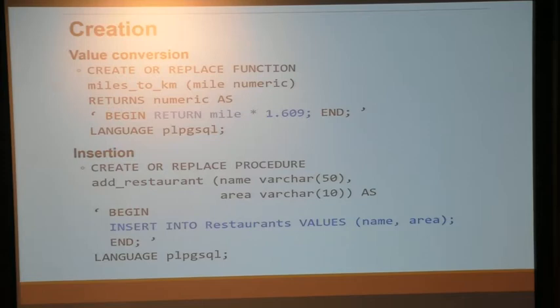So that's the basic syntax of it. You create or replace. The or replace can be omitted. It's optional. If you know that you do not have that particular function, you can simply omit or replace. This is your argument name. This is your argument type. And the return type is given here.